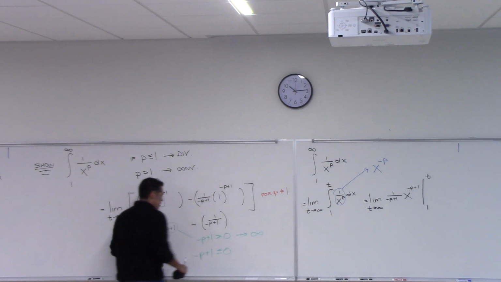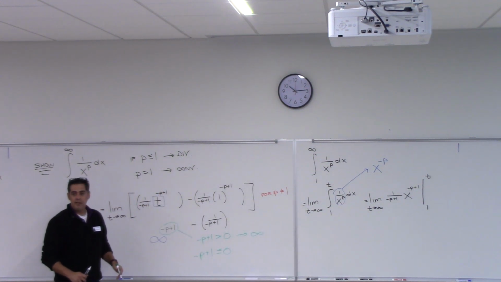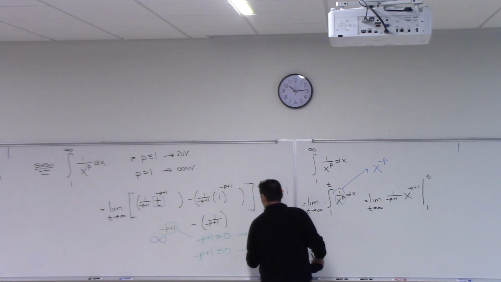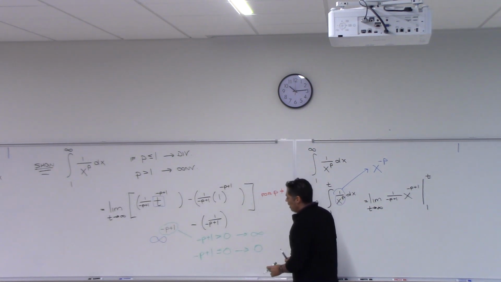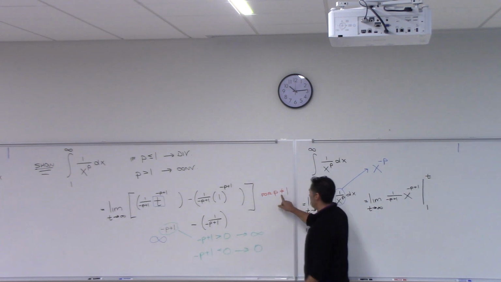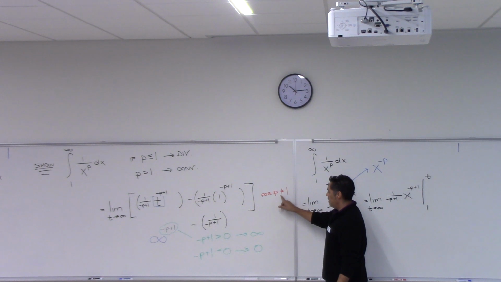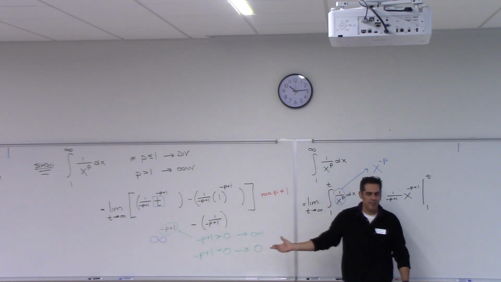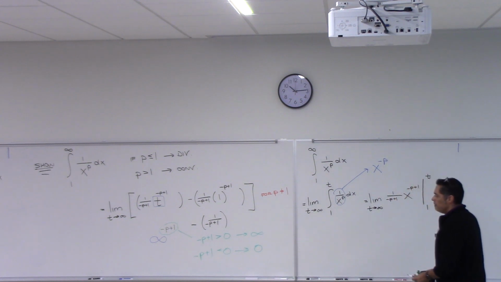Then it's going to head to 0, right? And you know what? Let's take the equal out of here, because we already said p can't be 1 in this whole scenario. If I put an equal here, then it's possible for p to be 1.